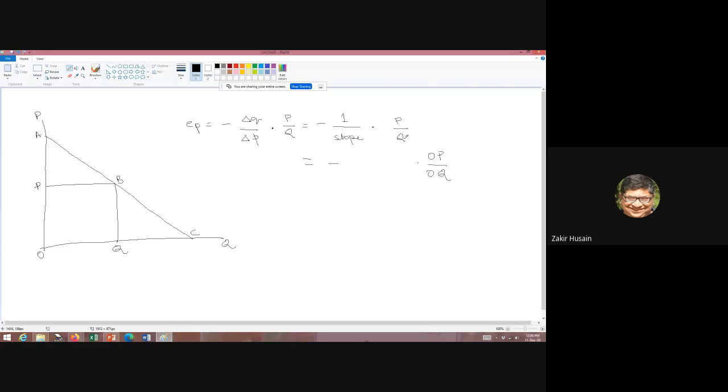And the denominator is quantity, which is given by OQ. Now, OP is equal to BQ, right? And OQ is equal to PB, right? Can you follow this part, the second component? Yes, sir.